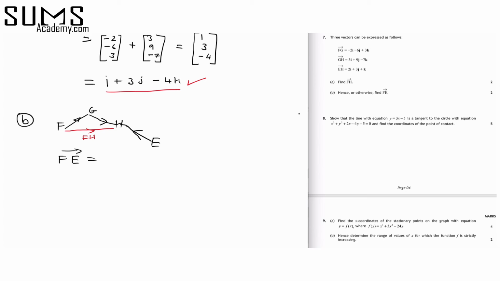So if we want to create a new pathway that goes from F to E, I'll do a different color just to make it clear. FE. We're going to have to think about how we sum these two vectors together.